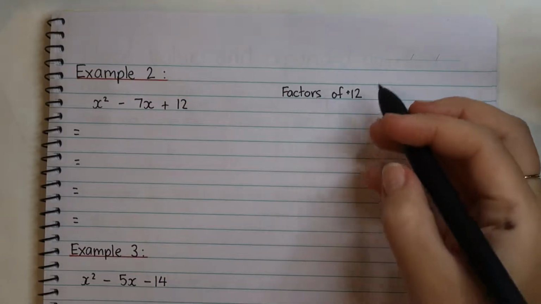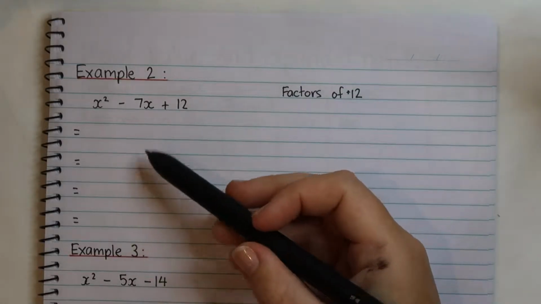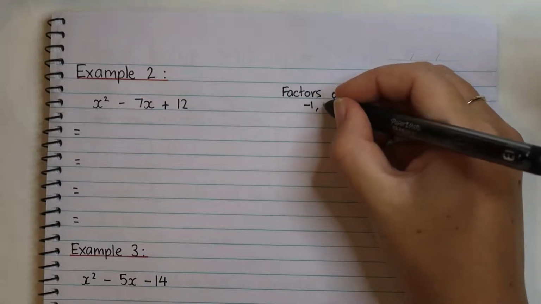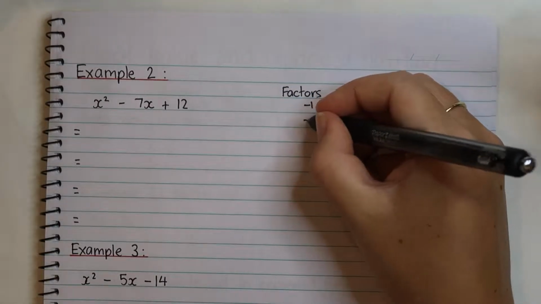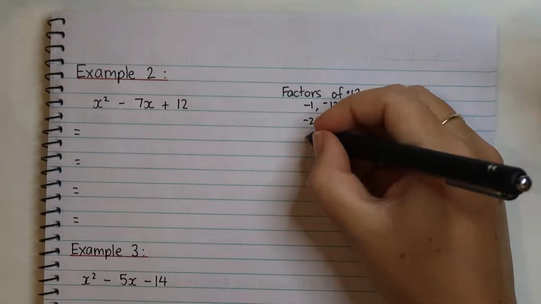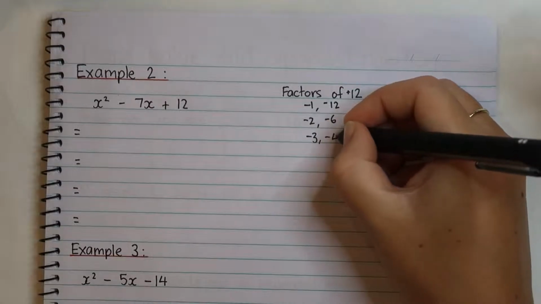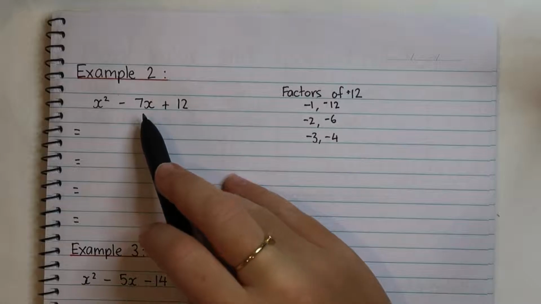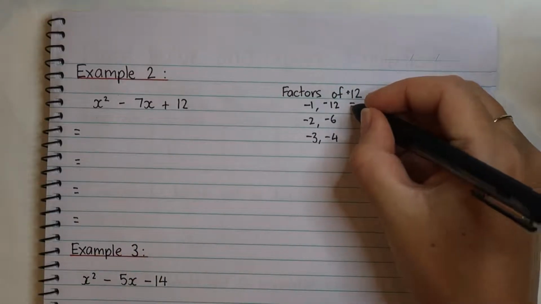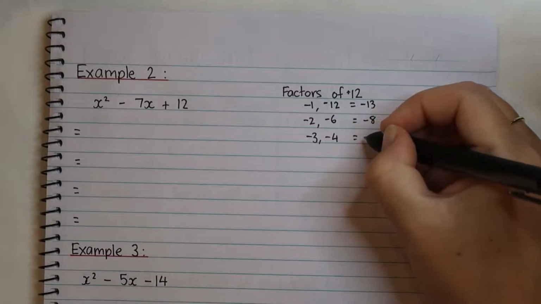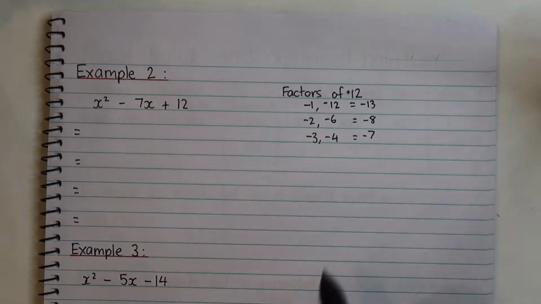So my factors of positive 12 that may add together to get negative 7 would be negative 1 and negative 12, negative 2 and negative 6, or negative 3 and negative 4. So when we add these together to see if they give us our b coefficient, we get negative 13, negative 8 and negative 7. So we can tell that these are the two numbers that we're looking for.